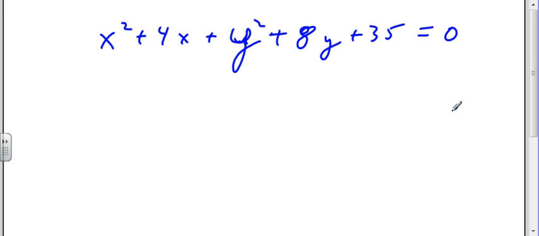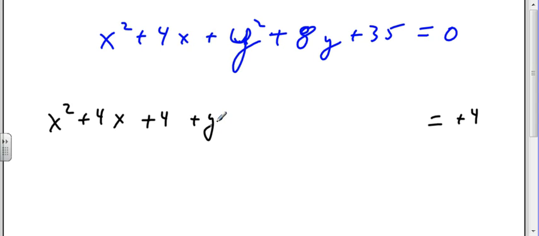So now the issue is, where is the center of the circle? Well, what you do is complete the square. This is x squared plus 4x. I'm going to halve the 4 to get 2, then square the 2, and put a plus 4. I need a plus 4 on the other side of the equation.